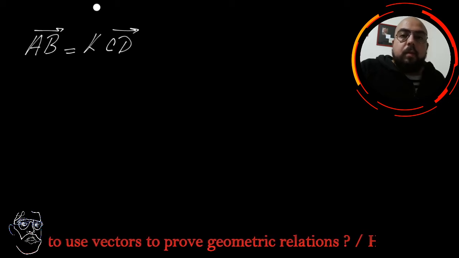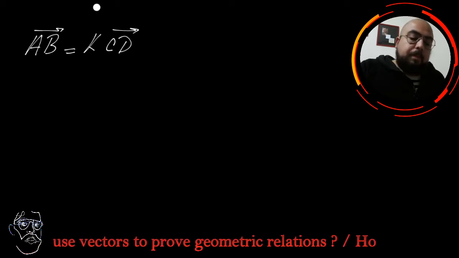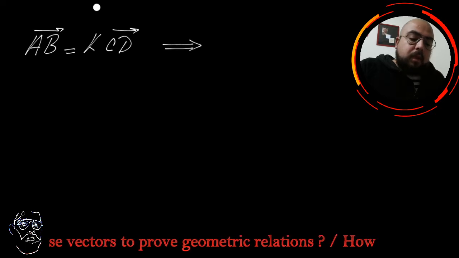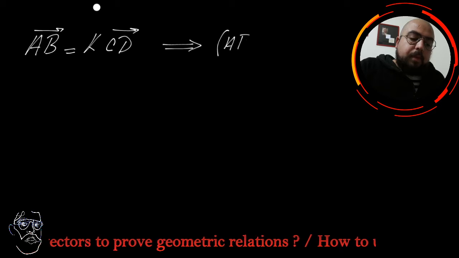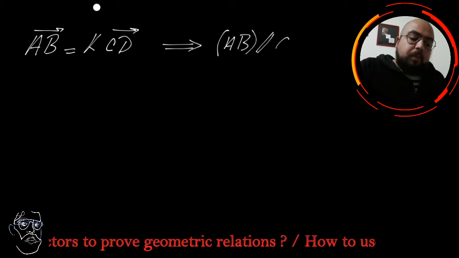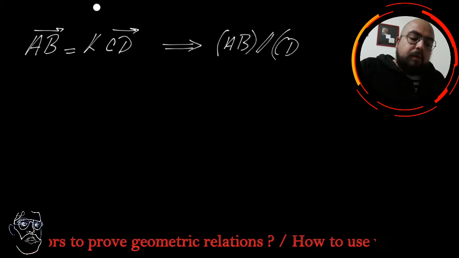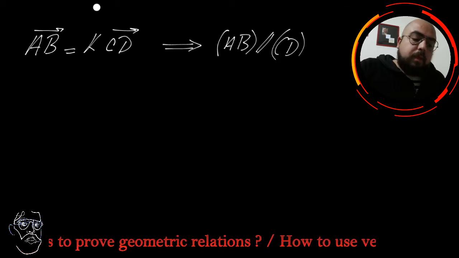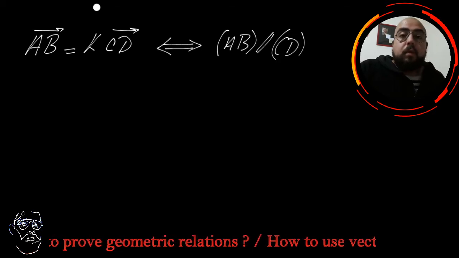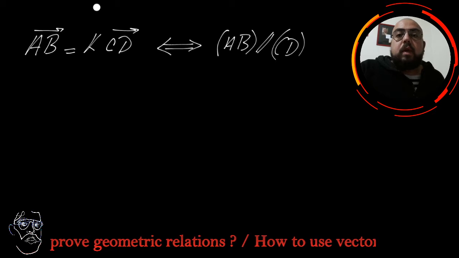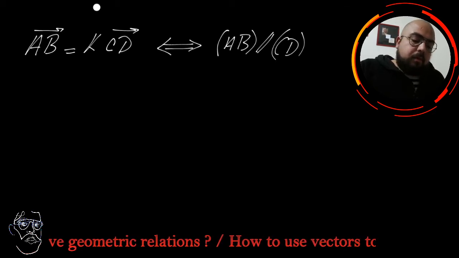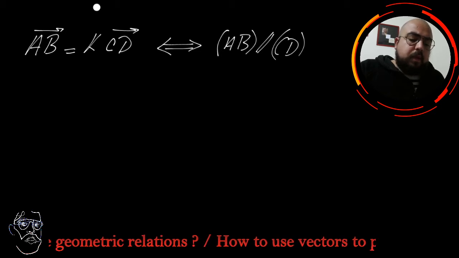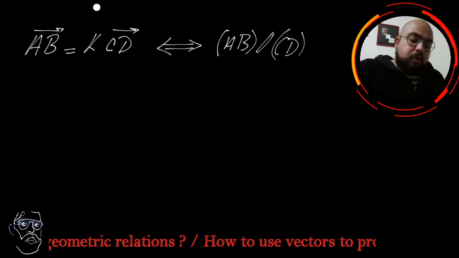So whenever I have AB equal to K times CD, that means that the line AB is parallel to the line CD. Or conversely, whenever you have AB parallel to CD, it means that there is a certain relation that can be written as AB is equal to K times CD. So in this case, K is, just like we said, a real number.